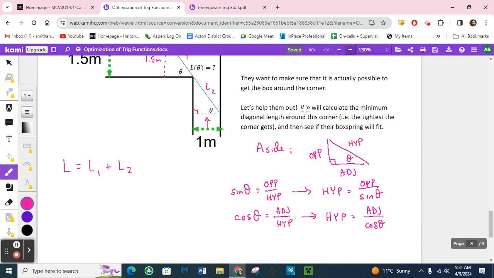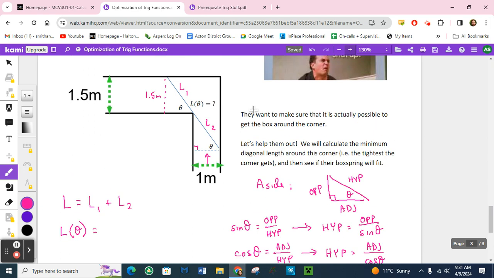And we're going to just do that right now. A little bit of an easier setup than the previous one. We now have an expression for that minimum diagonal length, L, in terms of theta. That top length, since 1.5 is the opposite side, I can get an expression for L1 by just doing 1.5 divided by the sine of angle theta.